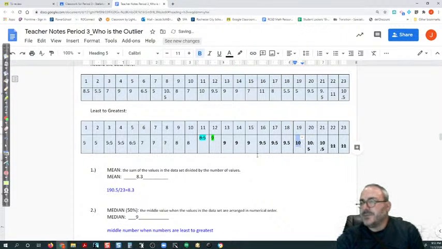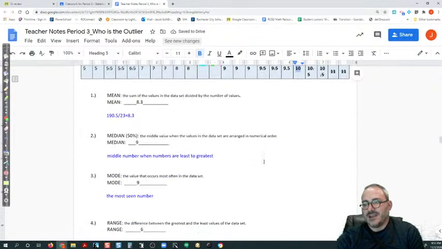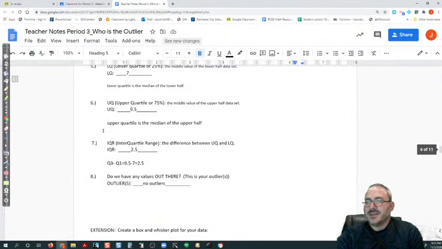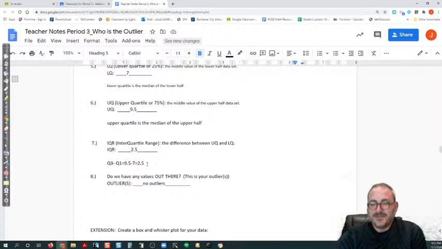And look at that, I got 9.5. 9.5 is my third or upper quartile. 9.5 goes in there. And what's the interquartile range of these two numbers? Interquartile range between 9.5 and 7 is 9.5 minus 7. That's 2.5.